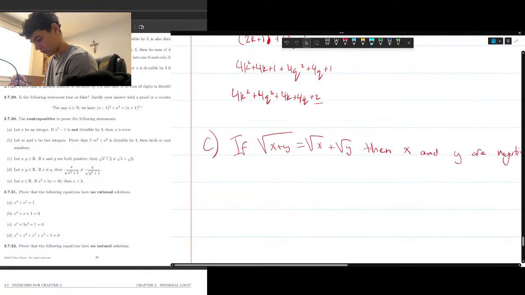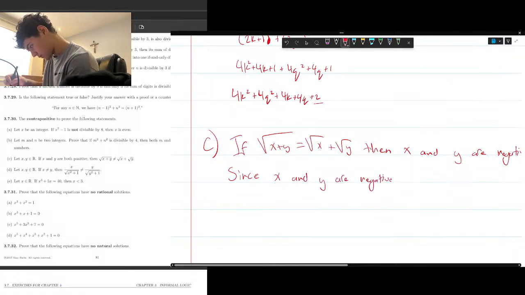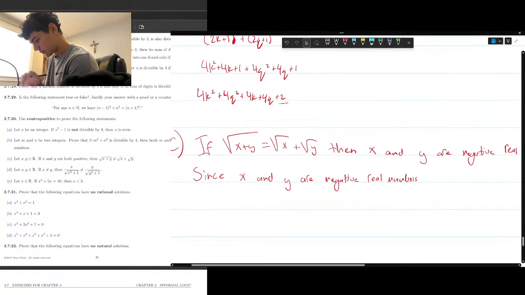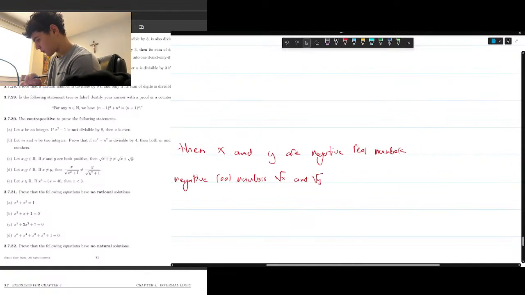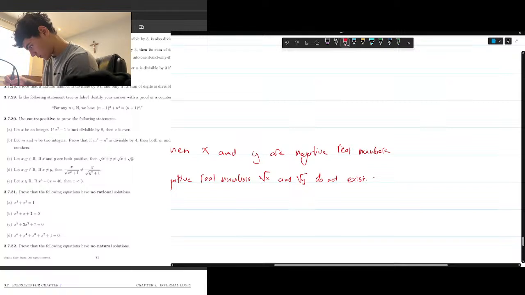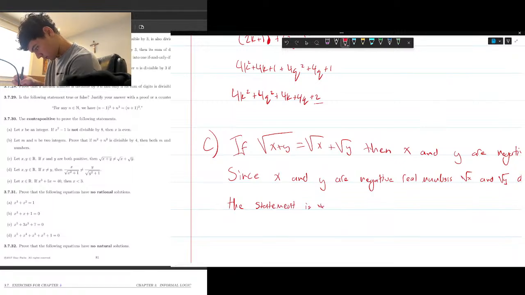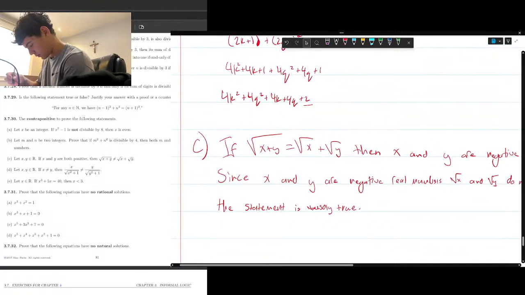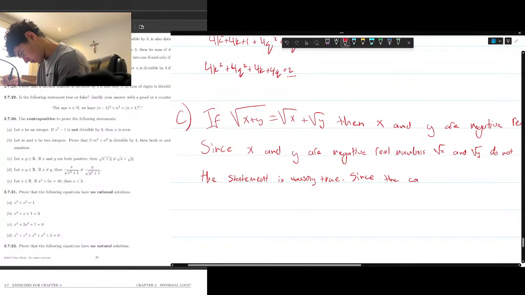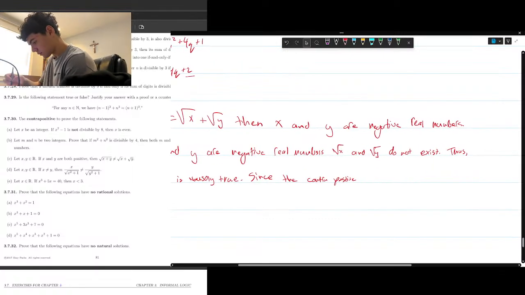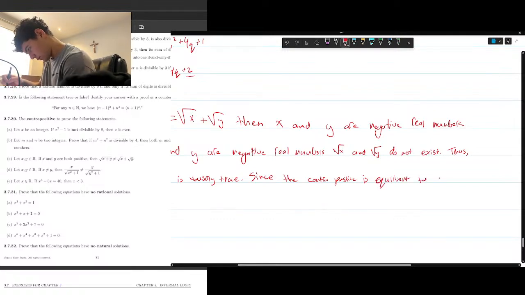Okay, so this is interesting because since x and y are negative real numbers, x... so logically, whatever.